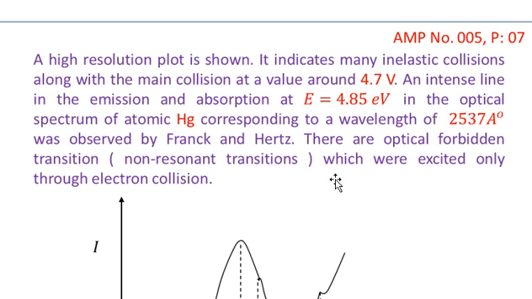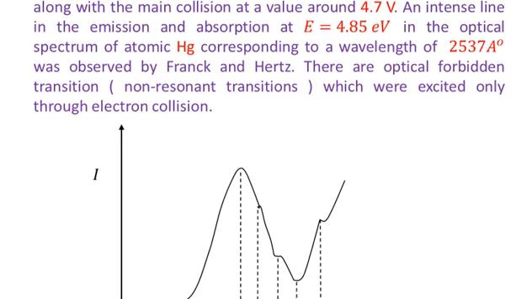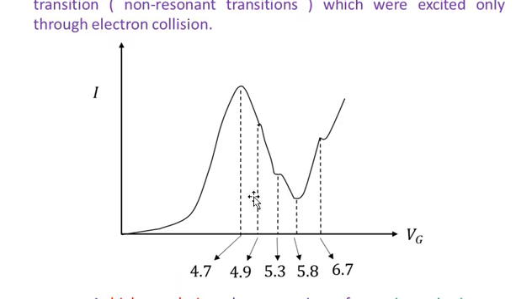So where they are excited only through the electron collision. So you see that there are small dips over here, for example, corresponding to 4.9 or 5.3. They may correspond to optically forbidden levels. These are the levels which can be excited through electronic collisions, but they will not give off their energy optically.